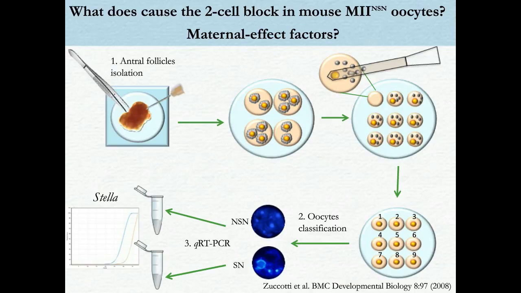Following classification under a fluorescence microscope, single SN or NSN oocytes were placed at the bottom of a PCR tube containing lysis buffer. This single-cell RT-PCR analysis showed a downregulation of Stella expression in incompetent NSN compared to SN oocytes.